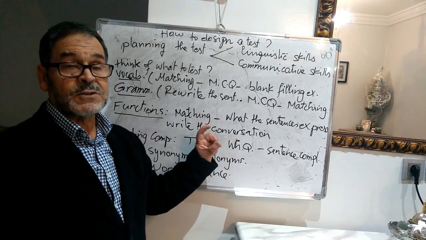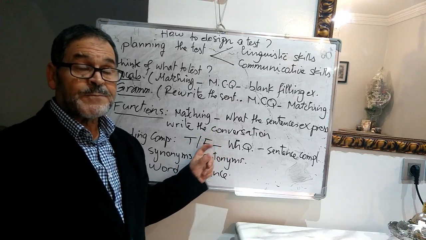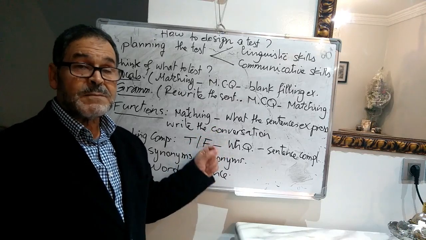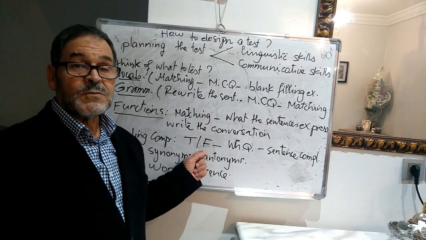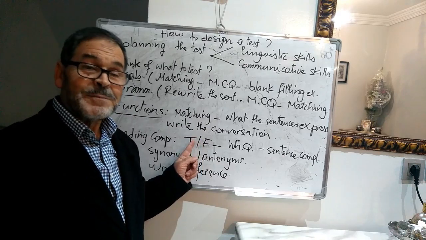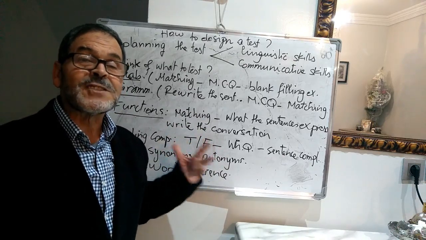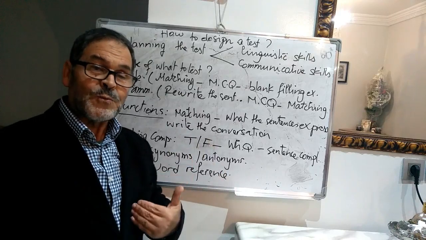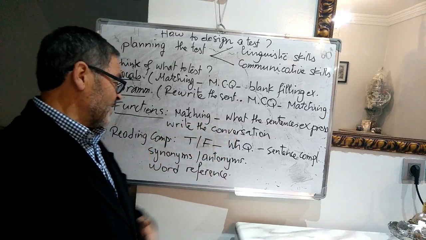And write the conversation. We have a dialogue, just A and B speaking. For example, if I say, I have a problem with my work or my exam, what do you suggest? And B expresses an exponent of suggestion, say, if I were you, I would. Okay, this is write the conversation.